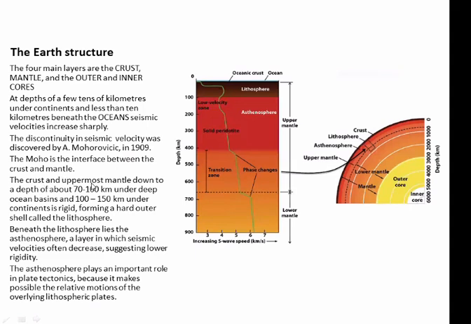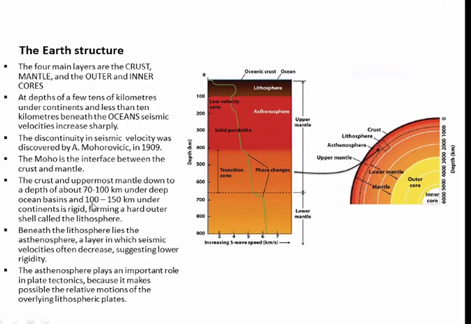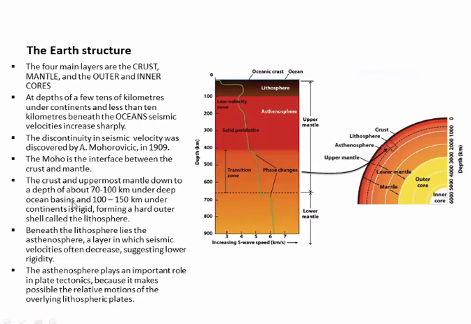So the crust and the uppermost mantle, down to a depth of about 70 to 100 kilometers under the ocean basin, and between 100 to 150 kilometers under the continent, is rigid. So when we look at depths between 70 to 100 kilometers, we are talking about the ocean basin. Beyond that, between 100 to 150 kilometers, we are talking about the continent.